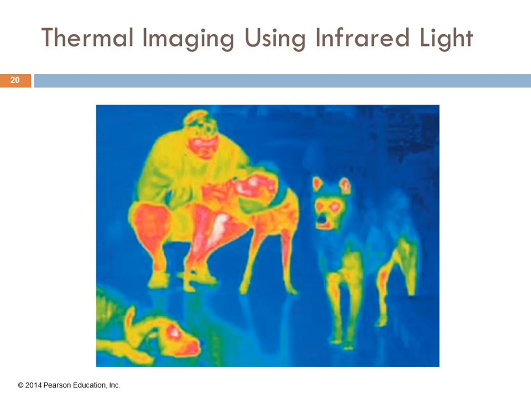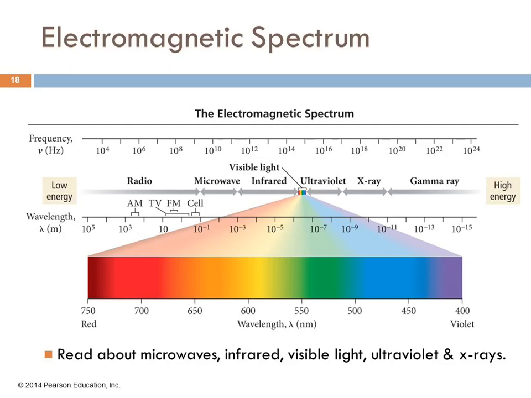This is an interesting picture. So we can see visible light, but we can make detectors to detect other sorts of radiation, like infrared light. Infrared light is heat. Oh, I forgot something. See this down here? Read about microwaves, infrared, visible light, ultraviolet, and X-rays.